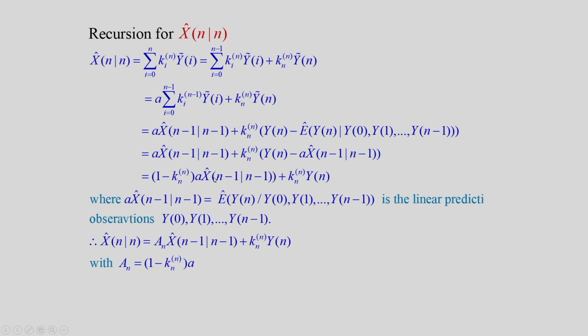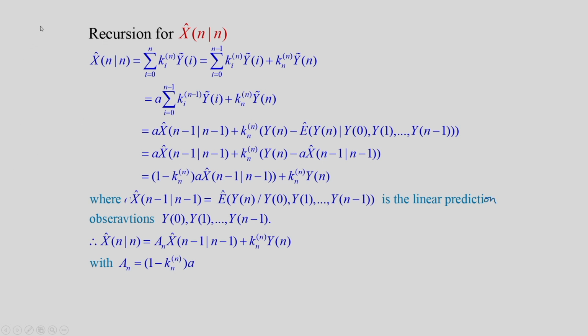We see that this part is related to the previous estimator and this is the part which is obtained from the current data. So, the current data y(n) is multiplied by the Kalman gain, that is k_n(n). So, the previous estimator weighted by this number, plus the current data weighted by this number, gives the current estimator.